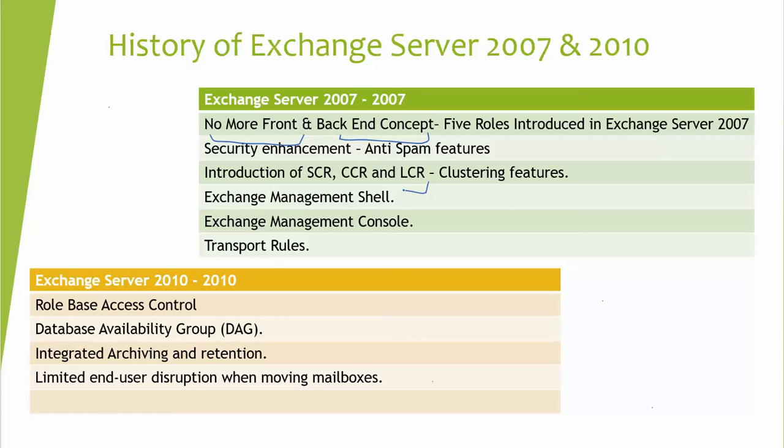So if one of the servers goes down, you were able to just use the other server. And then SCR and CCR clustering were other clustering features introduced in Exchange Server 2007.